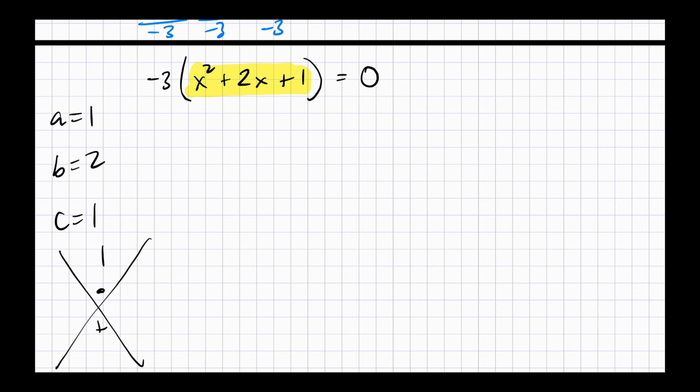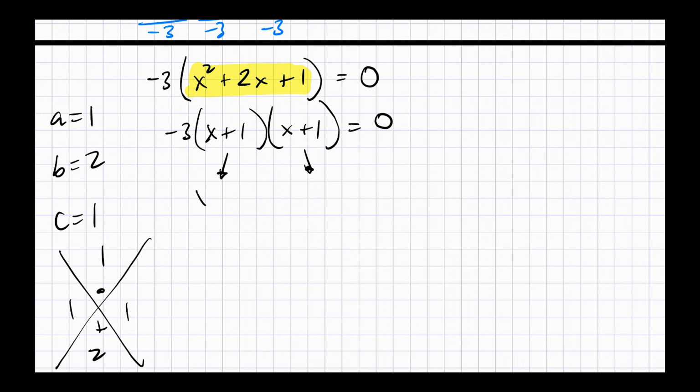So multiplies to be 1, adds to be 2. What two numbers multiply to be 1 but add to be 2? 1 in itself: positive 1, positive 1. Separate and solve.